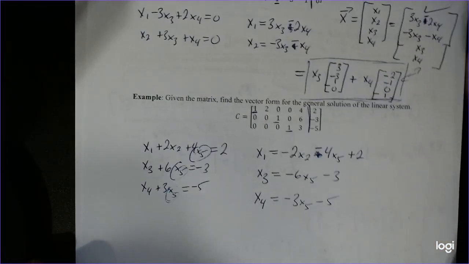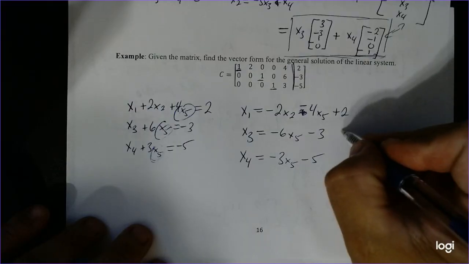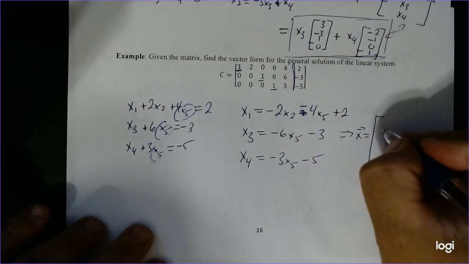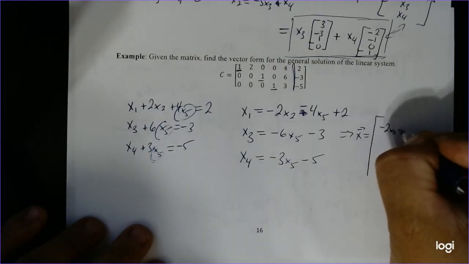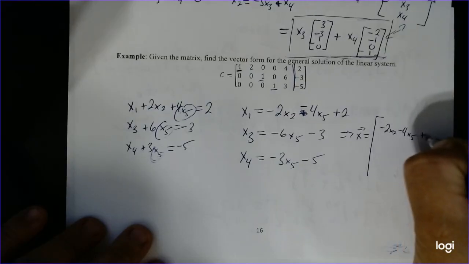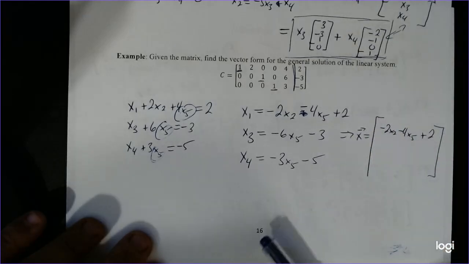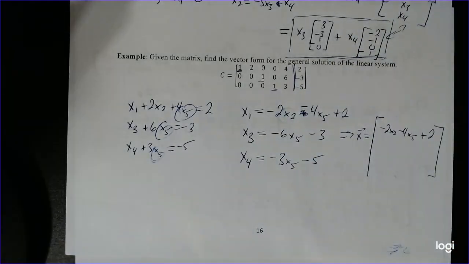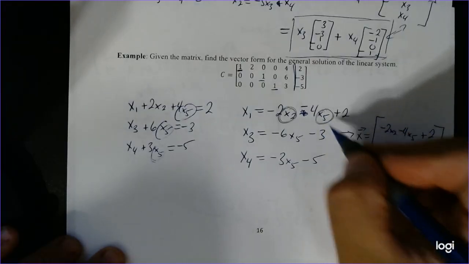There we go. All right, so now we can do the same process we did in the last example. So this is the same thing: I'm just going to write x1 all out, x2 is, so we have two independent variables.